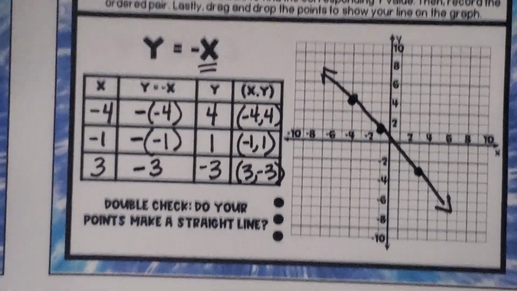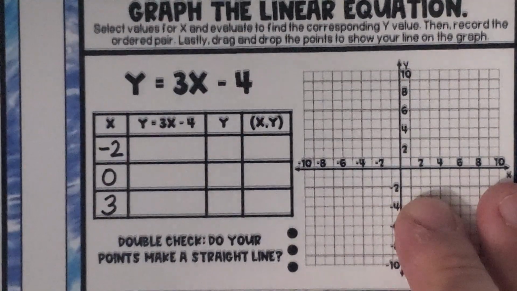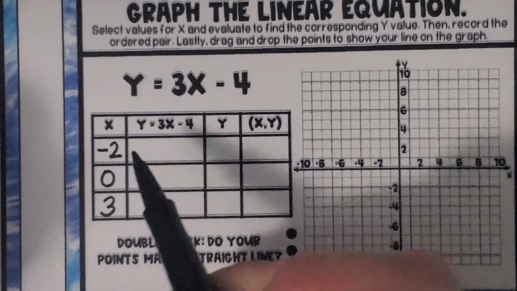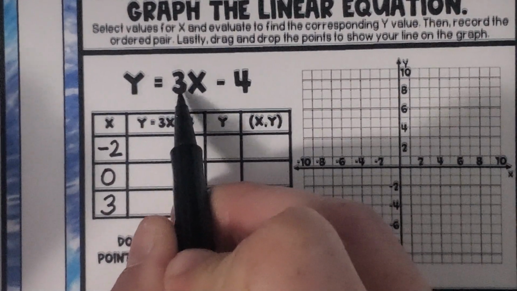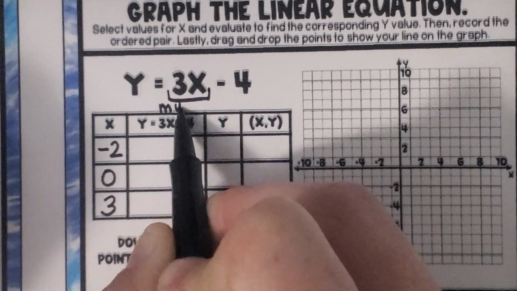So on my next example, the one right below it, I have a more complex problem. I have different x values that I'm going to plug in for my equation. Where I see 3 and an x, these two things being together means that they are being multiplied.